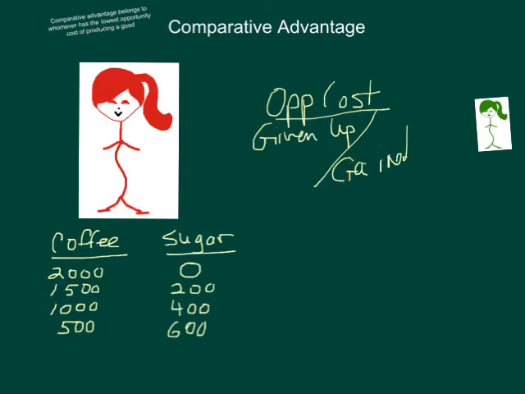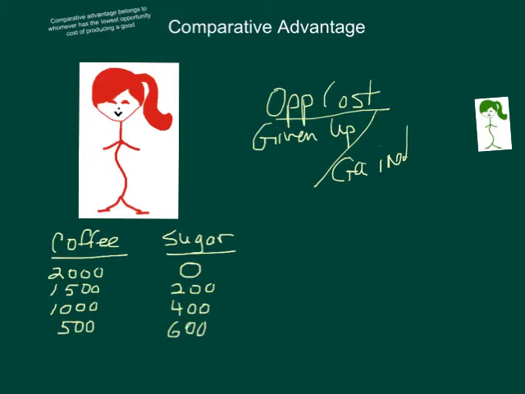Okay, so here with our farmer, we are giving up 500 containers of coffee in order to gain 200 units or containers of sugar. So we're giving up relatively a lot of coffee in order to gain relatively a small amount of sugar. So our opportunity cost is going to be something greater than 1, right?